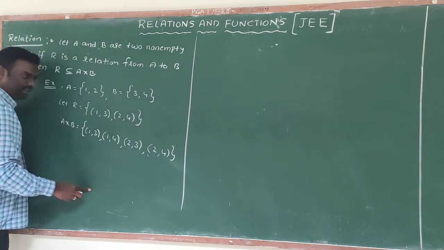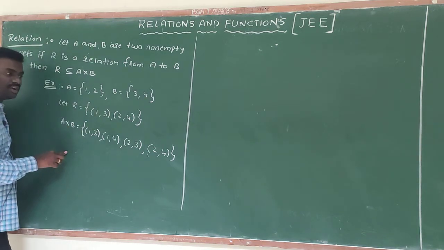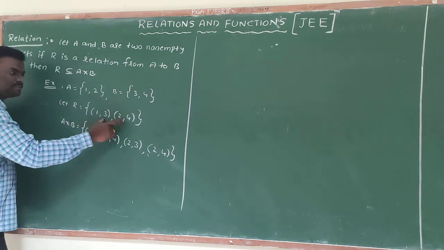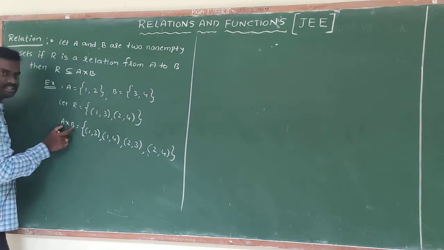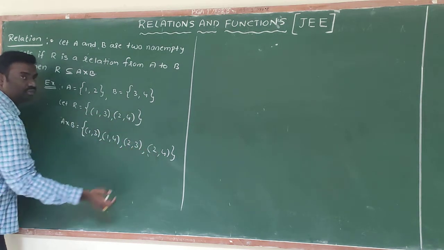Now verify that R is a subset of A cross B. Subset means the ordered pairs in R are also there in A cross B: (1, 3) and (2, 4).